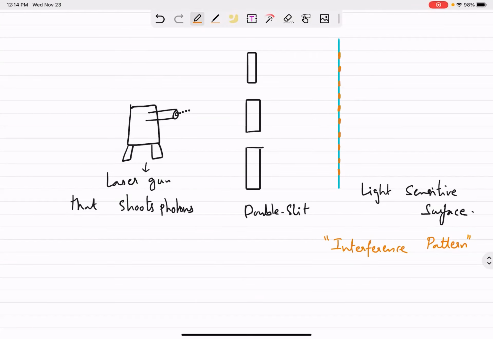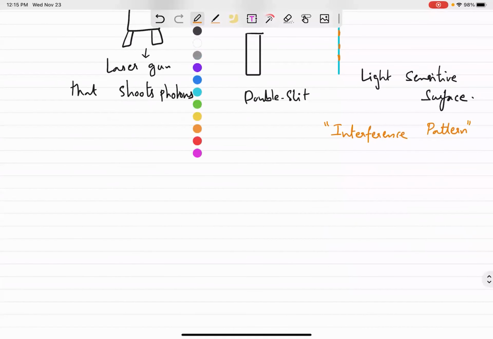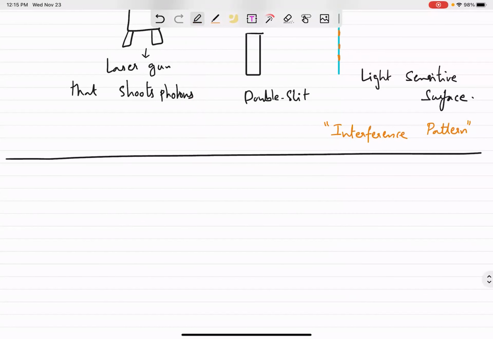If I put a detector at the slit, then this phenomenon goes away. If something tells me whether a photon passed through, it goes away. So when both of the slits are open and there's nothing in between, you see this destructive interference. It is what it is, right? We don't know why it's happening, at least currently, but there's something that only quantum mechanics can explain.